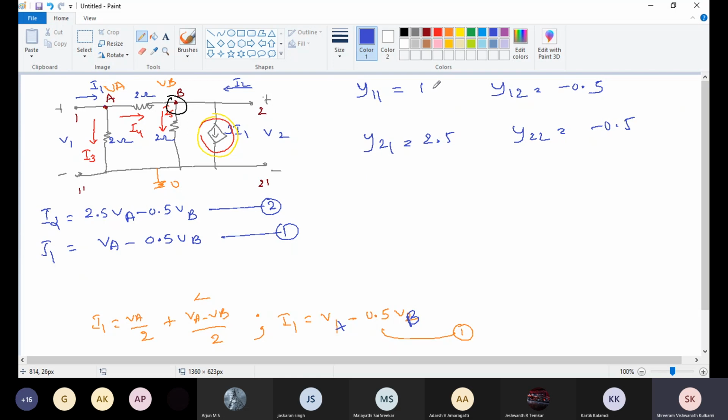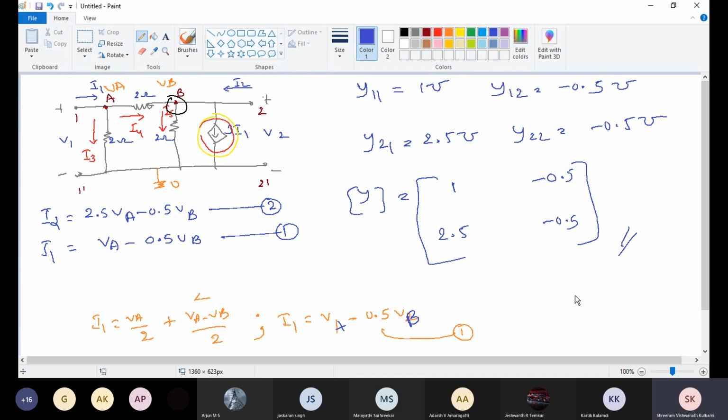What is the unit of admittance? Mho. So my Y parameter matrix I can write like this. This is my final answer.